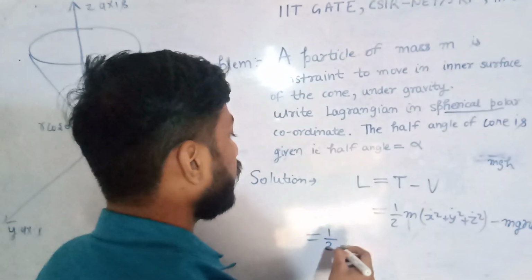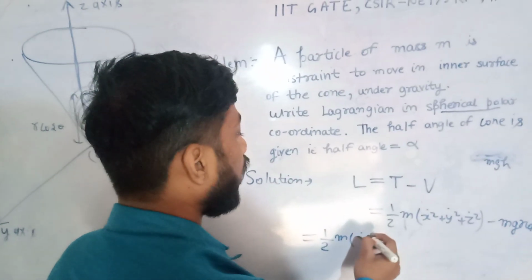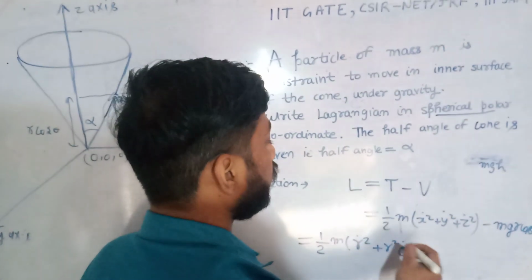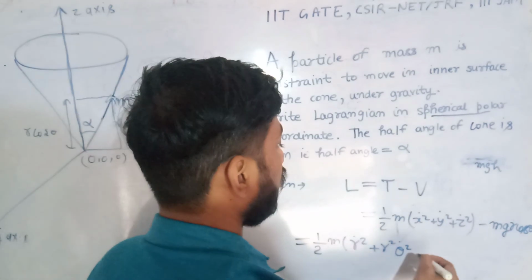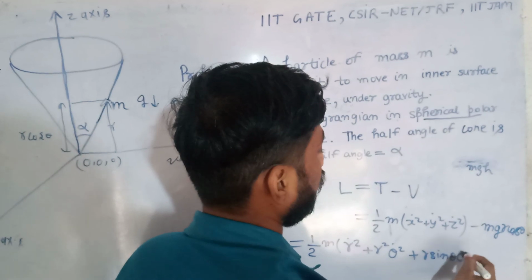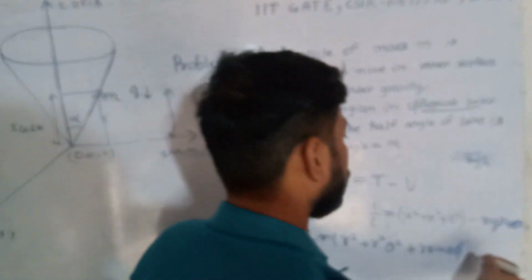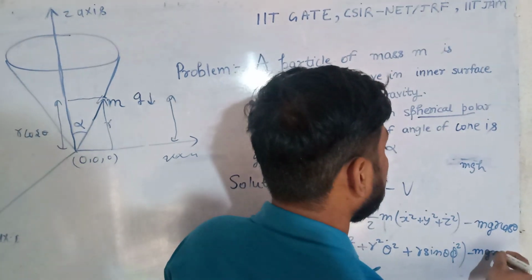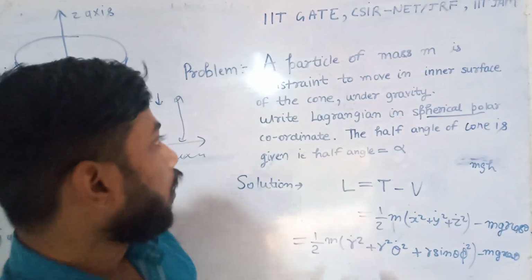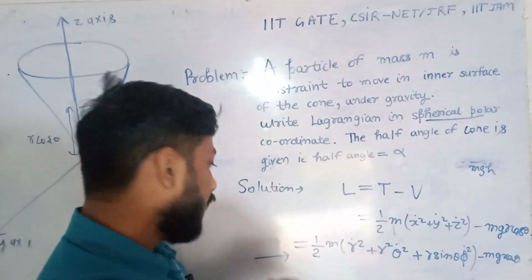In spherical polar coordinates the kinetic term becomes 1/2 m (r dot squared plus r squared theta dot squared plus r squared sin squared theta phi dot squared), minus mg r cos theta. So this is our Lagrangian in the spherical polar coordinate system.